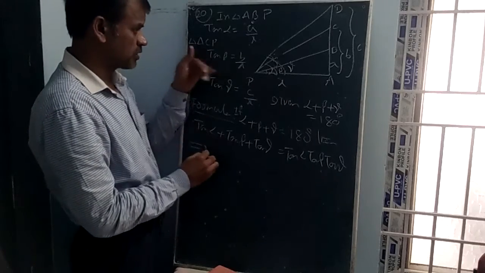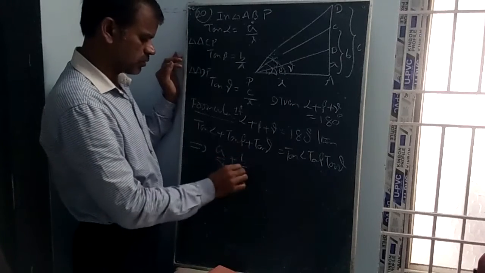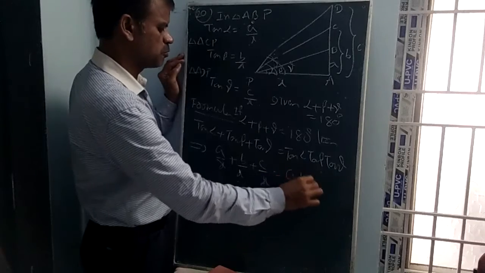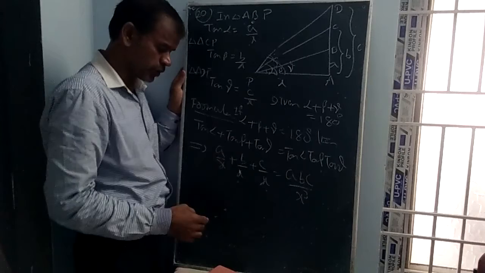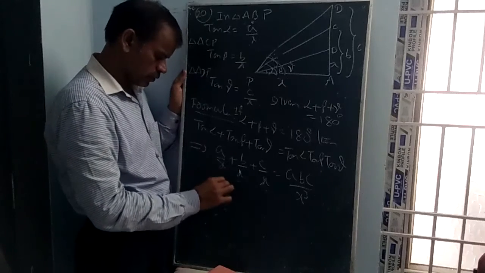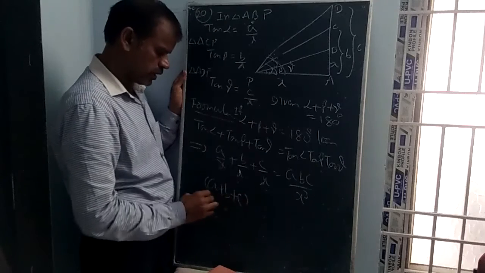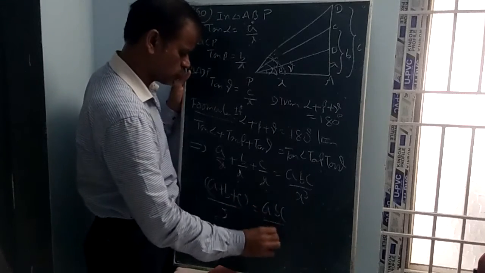Now write every value here. Tan alpha equal to a by x, tan beta equal to b by x, tan gamma equal to c by x, is equal to the product, a into b into c by x cube. Now (a plus b plus c) by x, whole by x... is equal to abc by x cube.